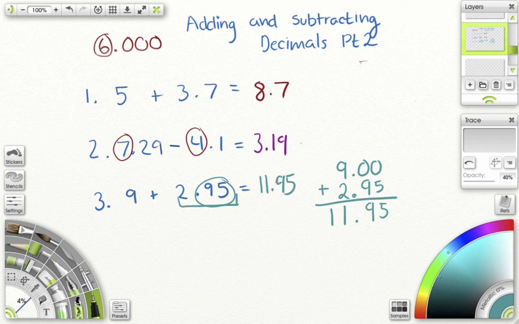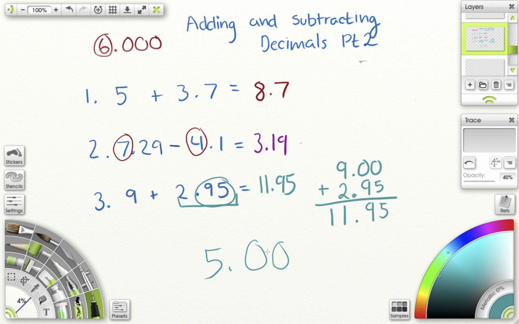So remember, if it's a whole number plus a decimal, you have to put that whole number down plus a decimal point and then 0, 0. I recommend doing that just because it helps you line up the numbers better when you're adding or subtracting them. You don't necessarily have to, but it's much easier to accidentally put that number in the wrong spot.